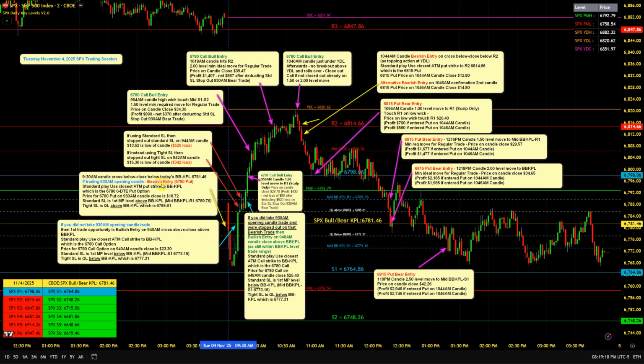If you didn't take this entry here and you instead took this entry, then you don't have a loss that's offsetting anything, as this was your first trade, and this would have been your exit here, and then you would have made more than $430 because your entry was $23.30, not $25.40. So you could add about $200 to this. So if you got in here, scalped, and got out here, then your profit's about $630 with no offsetting loss because you didn't do this trade.